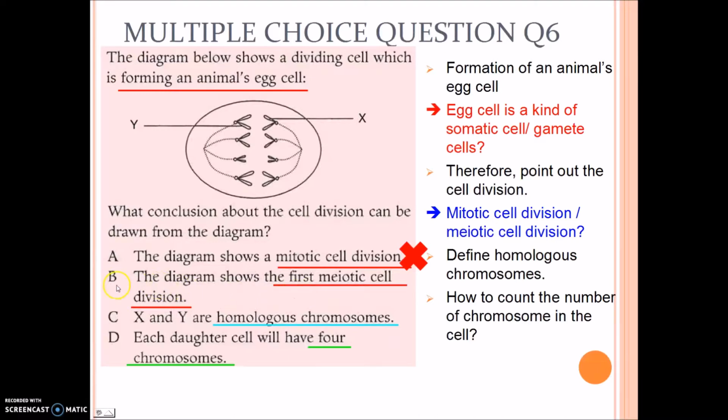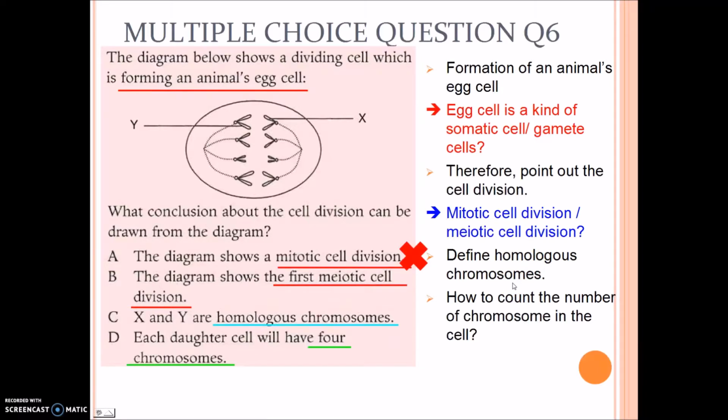Because option B specifies the first meiotic cell division. But for the diagram, is it true for the first or the second meiotic cell division? I don't know. You tell me. Check the diagram in the book or in the previous slide. And for option C, X and Y are the homologous chromosomes. So please define homologous chromosome first.